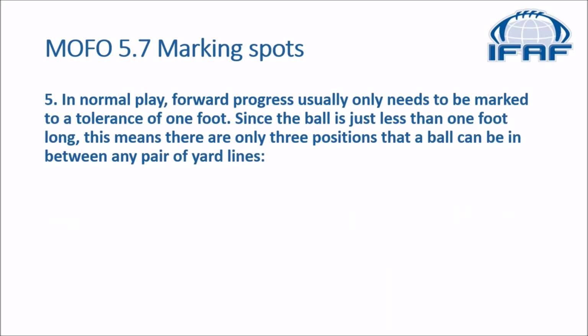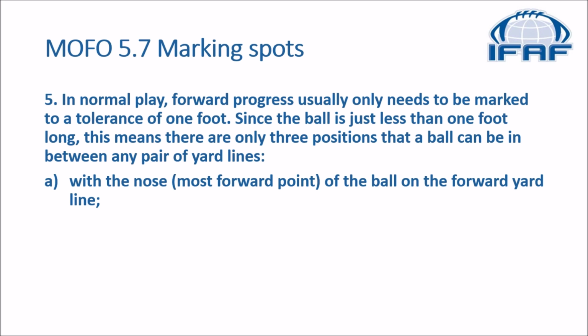In the MOFO, we go to 5-7 dealing with marking spots. In normal play, forward progress usually only needs to be marked to a tolerance of 1 foot. Since the ball is just less than 1 foot long, this means there are only 3 positions that a ball can be in between any pair of yard lines.